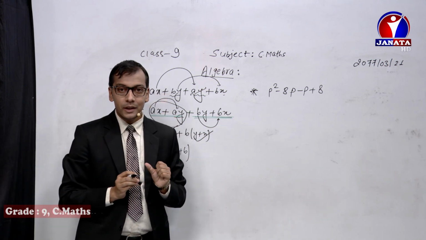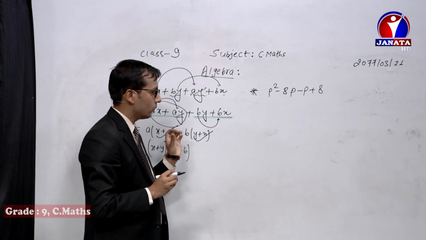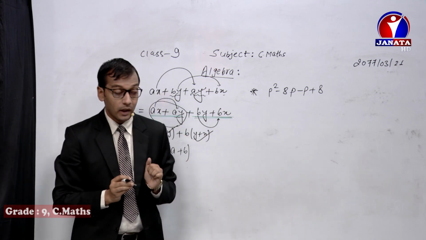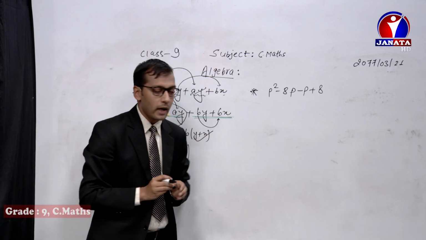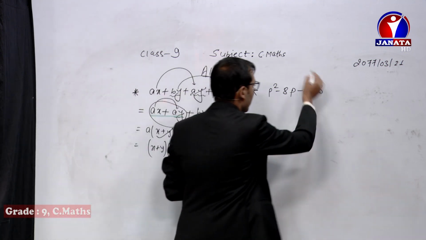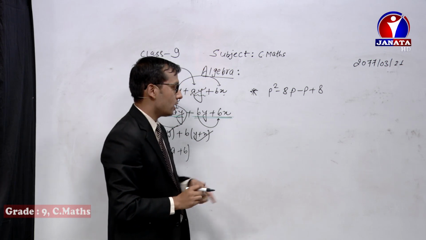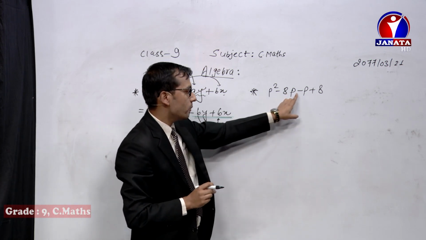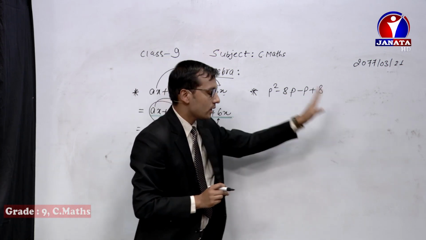In the beginning of the factorization, first of all we try to find if there is any common number in the entire expression. Let's see, p square minus 8p minus p plus 8, nothing is common.